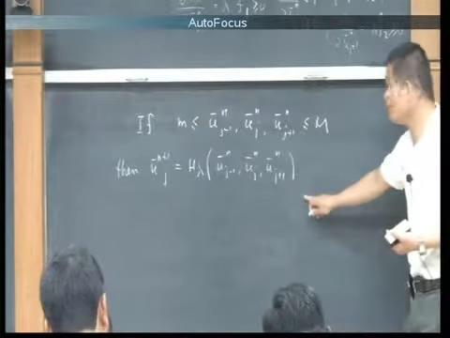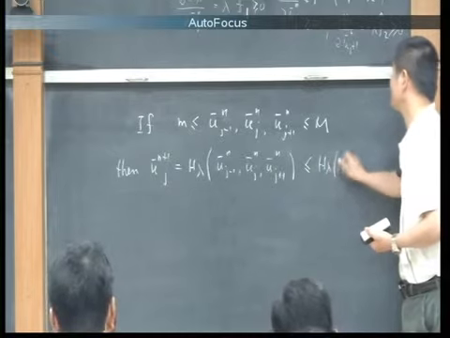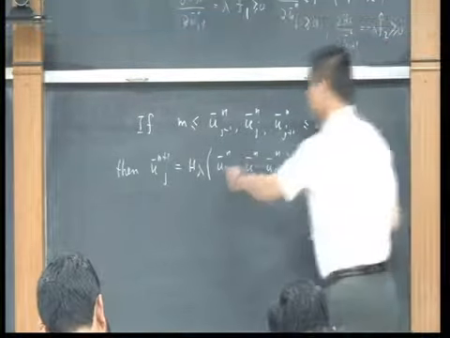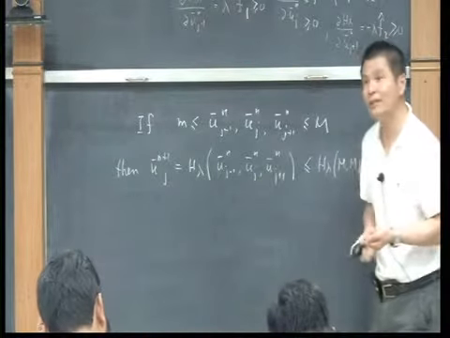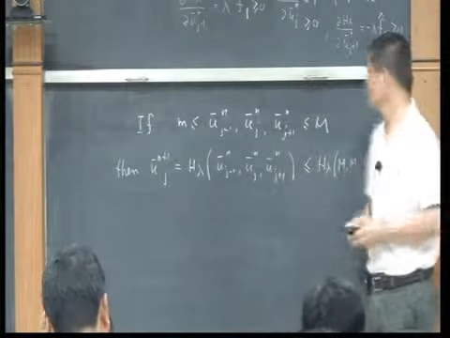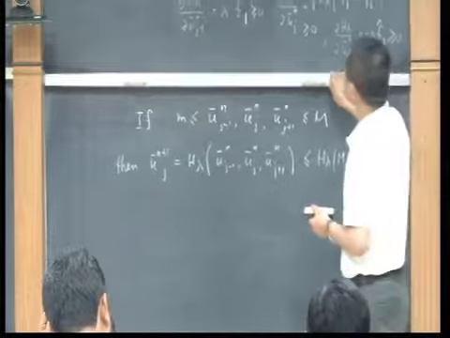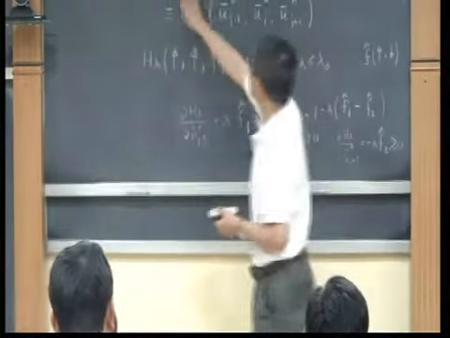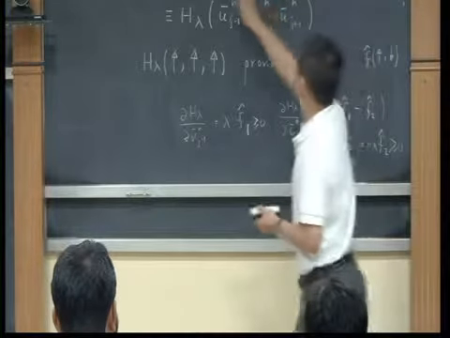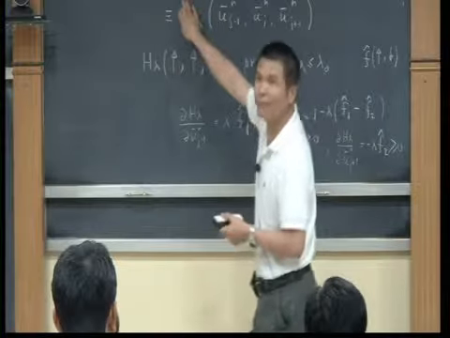Since it is an increasing function, and since each one of them is less than capital M, if I replace each one of them by a bigger number, I will get a bigger number, no? Increasing function of all 3 guys. But this is what? This is when you take all of them to be capital M, but that is f hat capital M M. F hat capital M M will cancel, you just get capital M back.